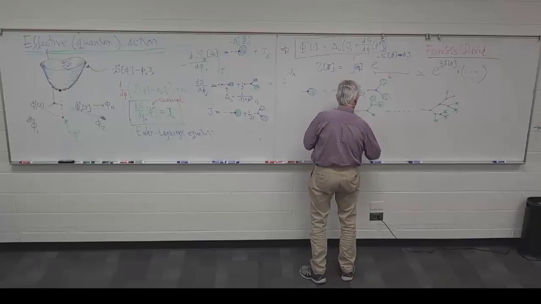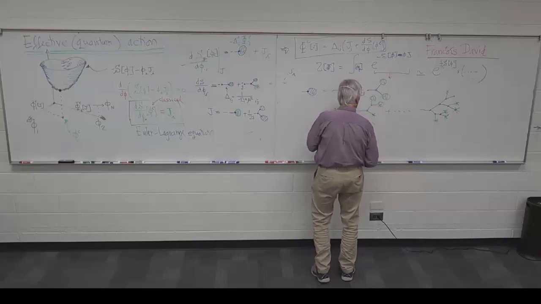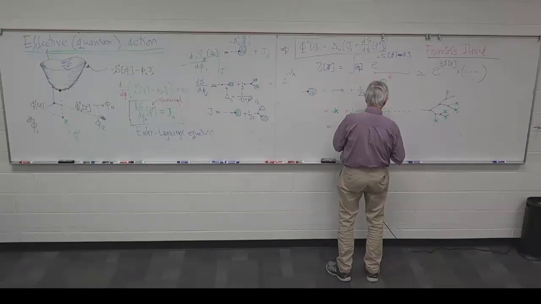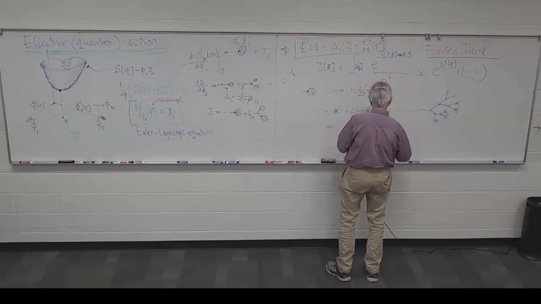A tree, meaning no loops, just branches. Some combinatoric things, and then you get some power of your source field, J to some power.